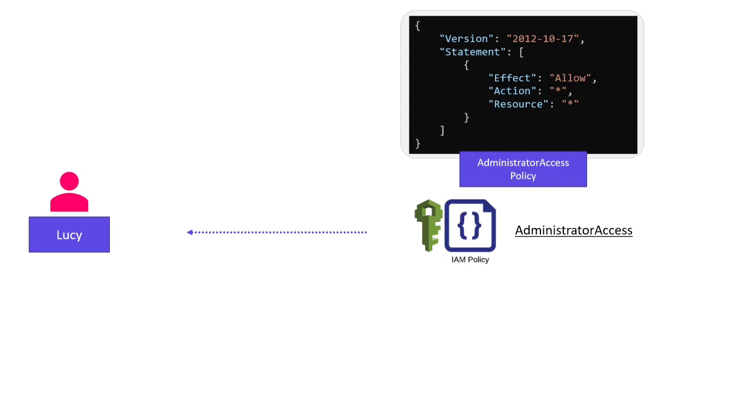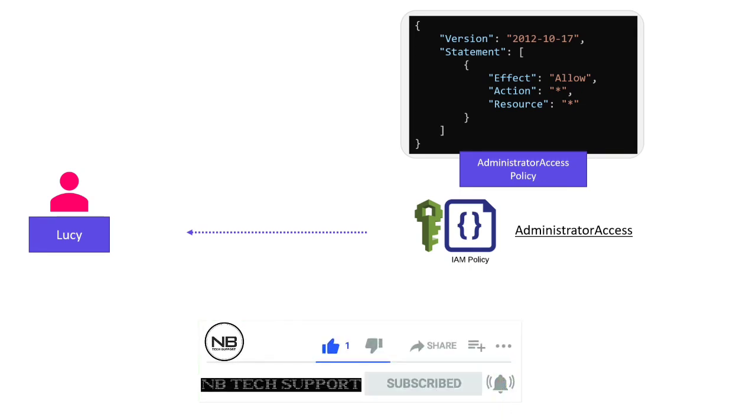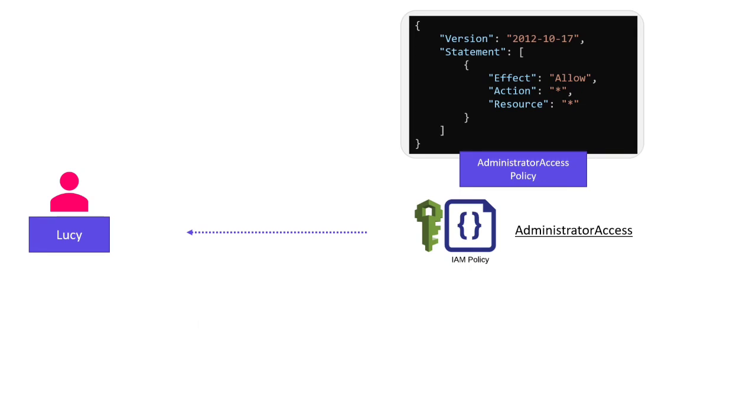Under the policy statement, we can see the resources that are applicable to the policy, the action that can be carried out on those resources, and the effect of the policy. In this example, the resource and action have a value of star, which means all resources in AWS and all actions. And the effect field has a value of allow, which effectively means allow all actions on all resources in AWS, which is why this policy is known as the administrative policy.